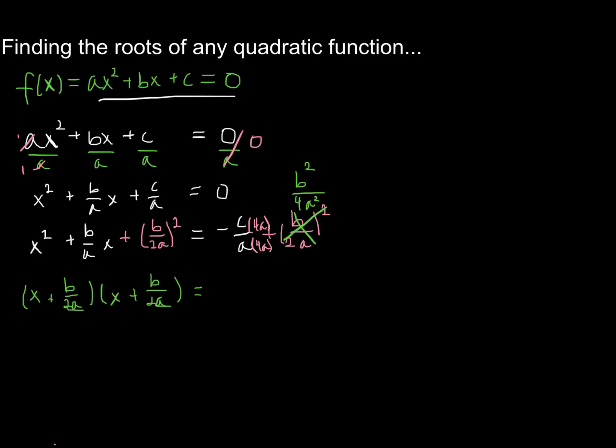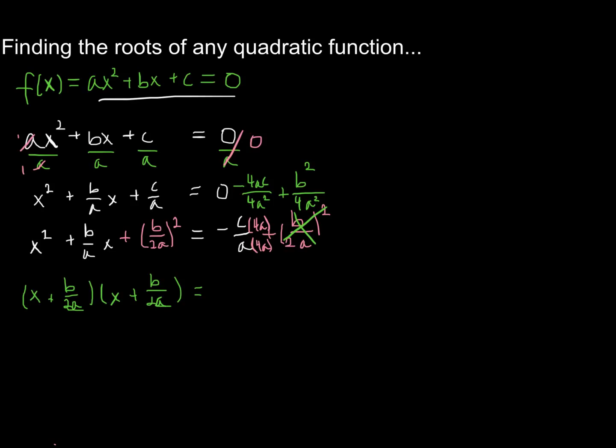And when I do that, what I will end up with is negative 4ac all over 4a squared. And when I look at this here, I have the same denominator, so all I do is now add the numerators. Well, it'll be negative 4ac plus b squared.